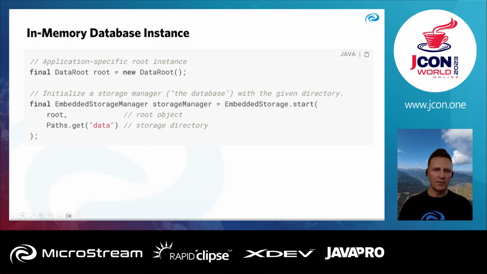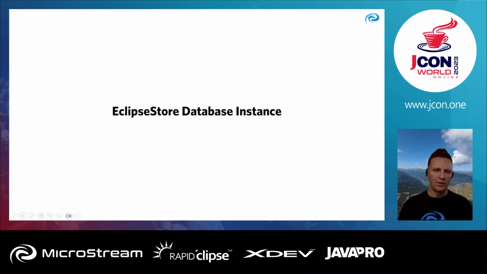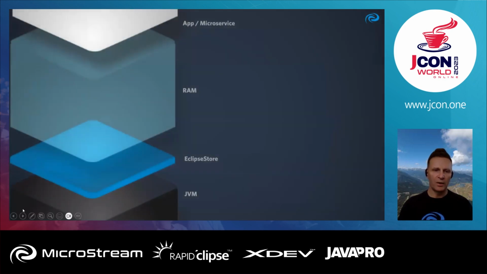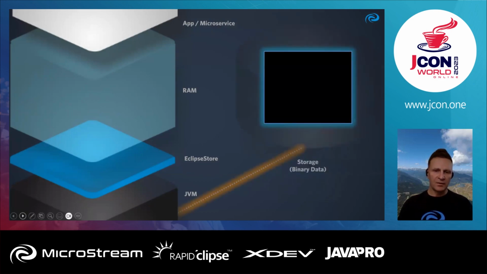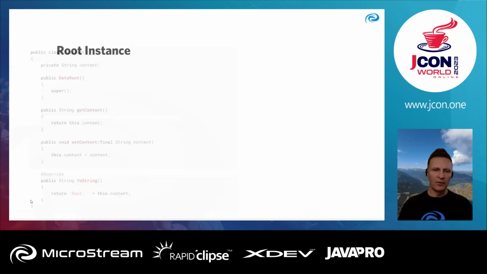The only thing you need is a database instance and a storage. Create this, and then you need a database instance, a starting point of your database. So let's create a database instance. So we have now a storage where Eclipse Store is able to store the binary data. Then we need a root instance.